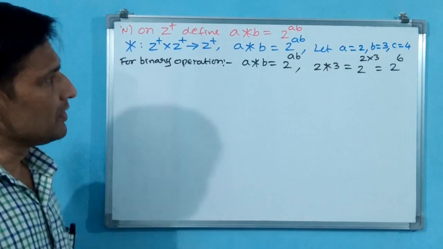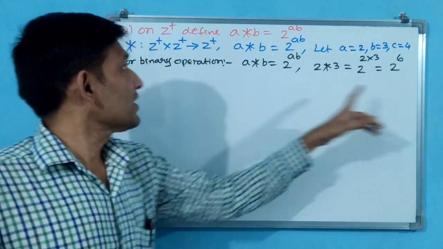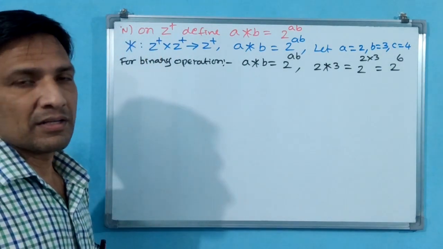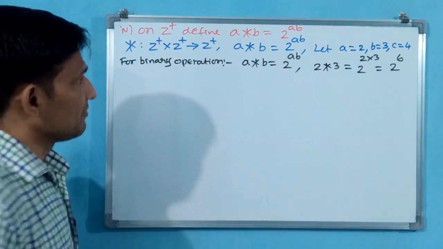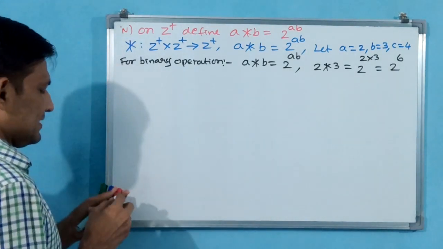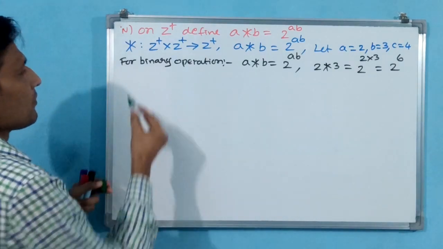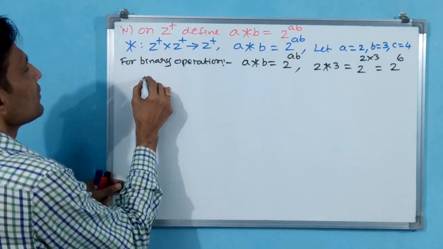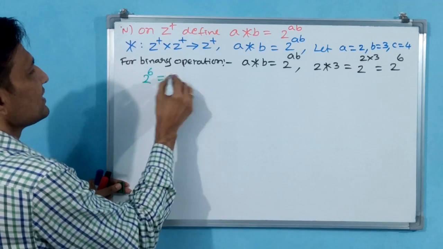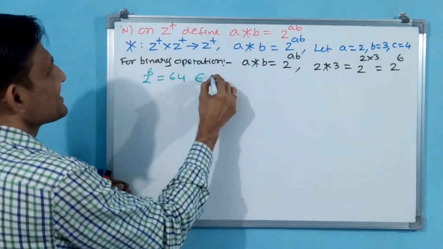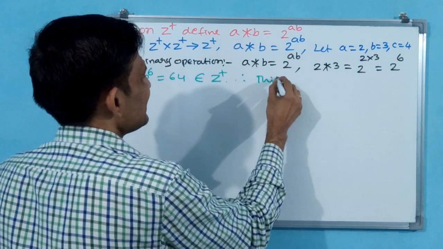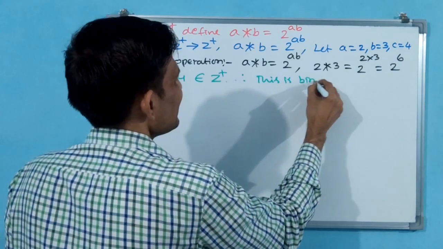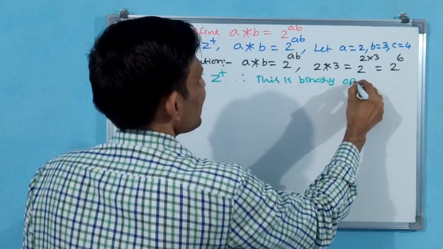Now you tell me, does 2 power 6, that means 64, belong to Z plus or not? Z plus only. That means this is a binary operation. You write like this: 2 power 6, that is equal to 64, belongs to Z plus. Therefore, this is a binary operation.